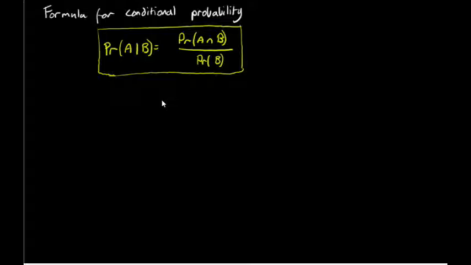So now we're going to have a look at the conditional probability formula. The probability of A given B is found by finding the probability of A and B, dividing by the probability of B. It is important to note that this really only holds for mutually exclusive events.